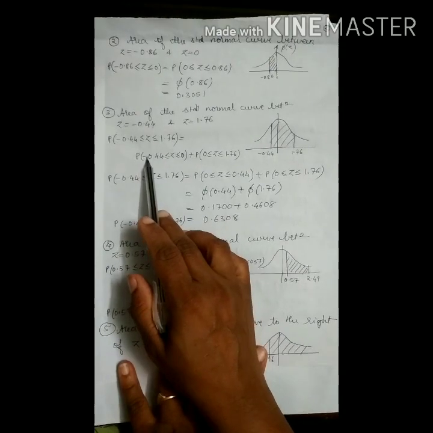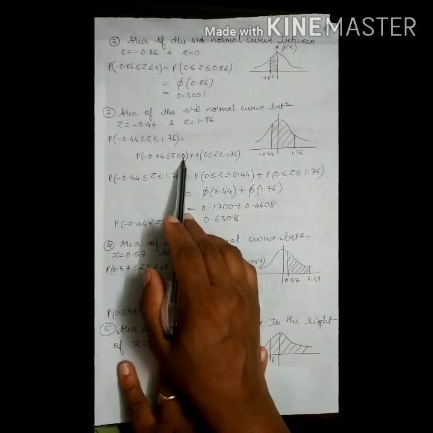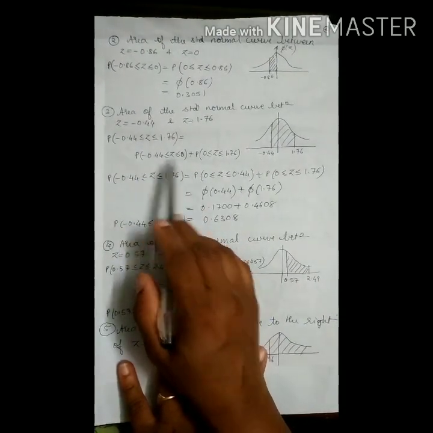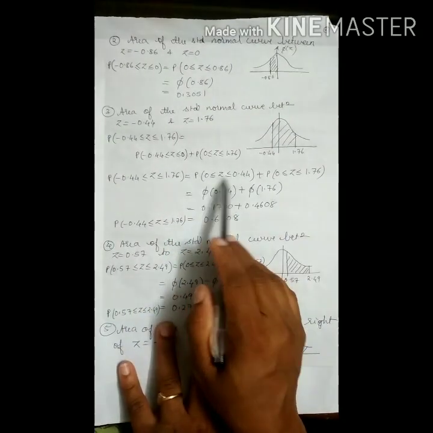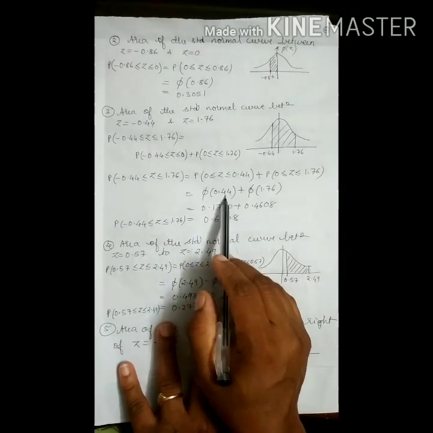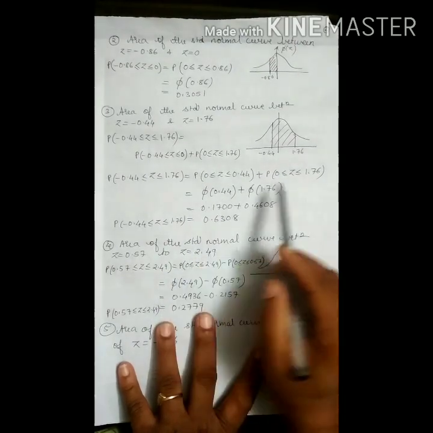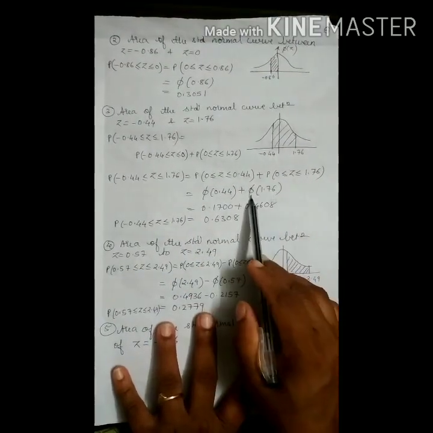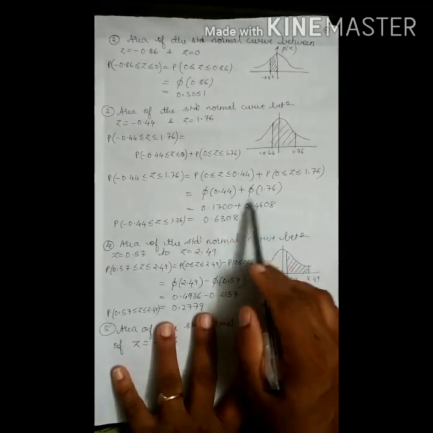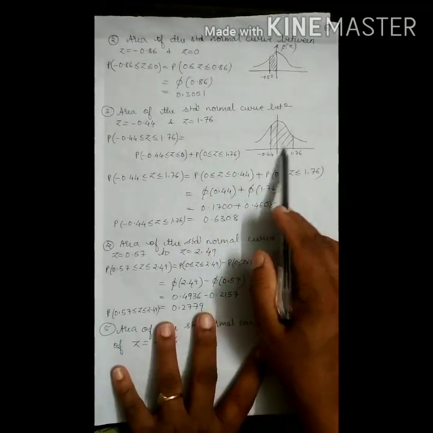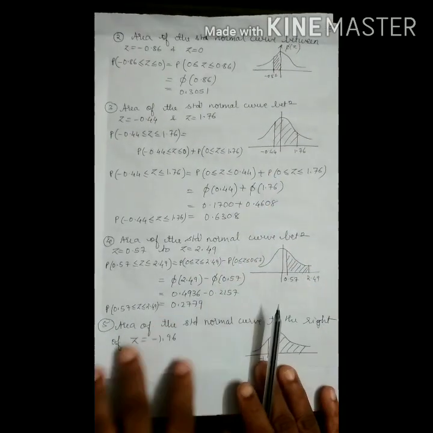Now this is negative, so make it positive by taking first 0, then 0.44 this side. This quantity will remain same. Now 0 to 0.44 means phi of 0.44. 0 to 1.76 means what? Phi of 1.76. Calculate from the table and add this answer. That will be the area of this region.